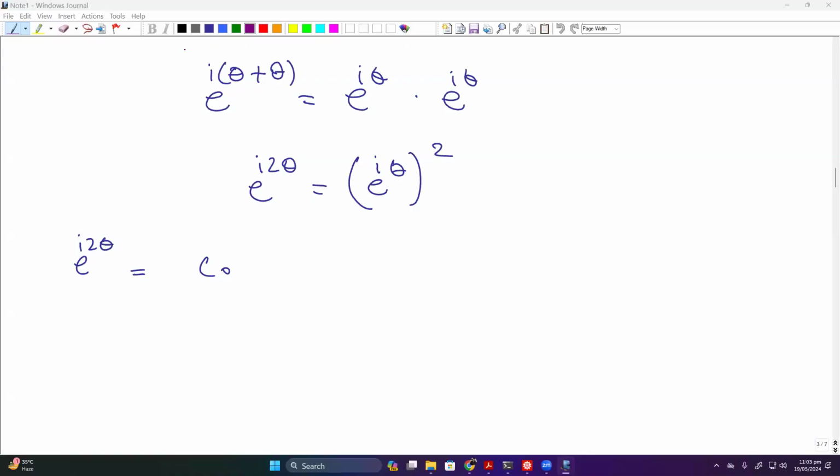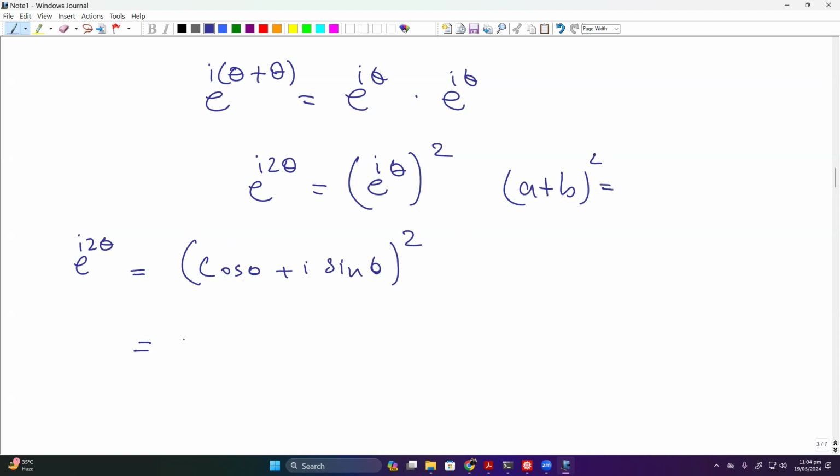So this is (cos theta plus i sine theta) square. Let's open this using the expression A square plus B square and so on.